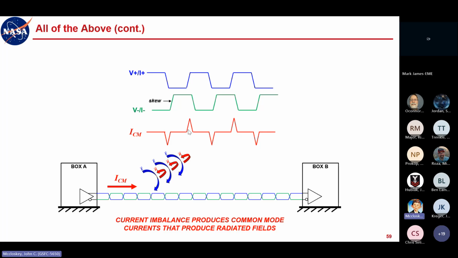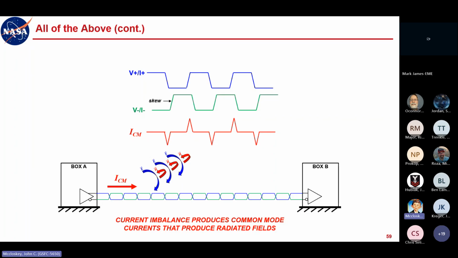And it's always at the transitions that this stuff bites you, right? When it's a nice steady state signal, all is well. It's the dV/dts and the dI/dts that get you. So you have these little blips of common mode current. That's what's going to generate your radiated fields. So we're talking about just a twisted pair here. So what do we do to counteract that?